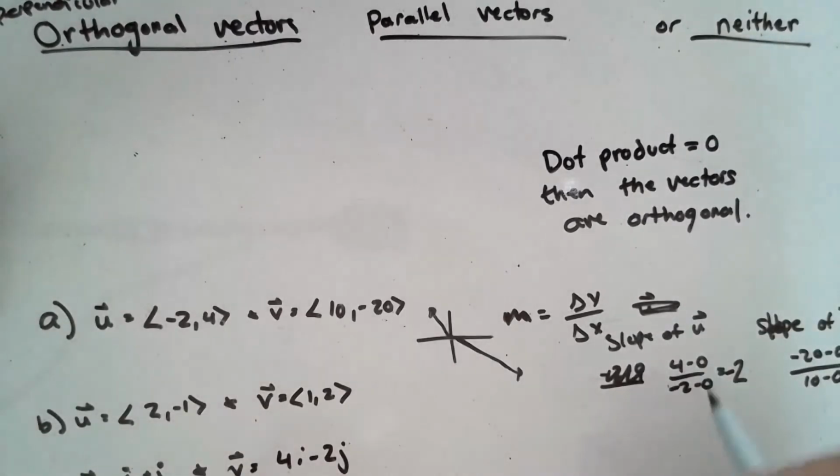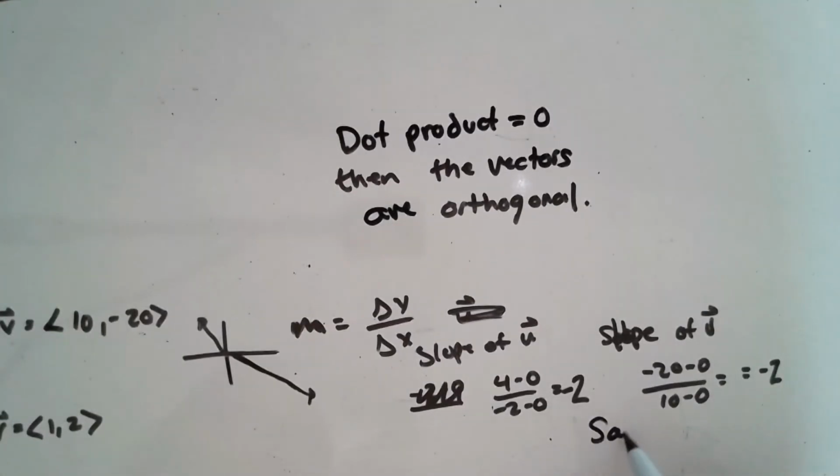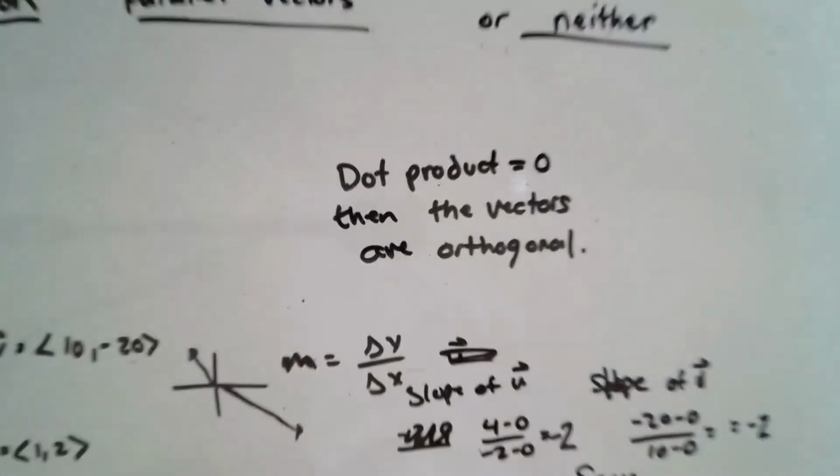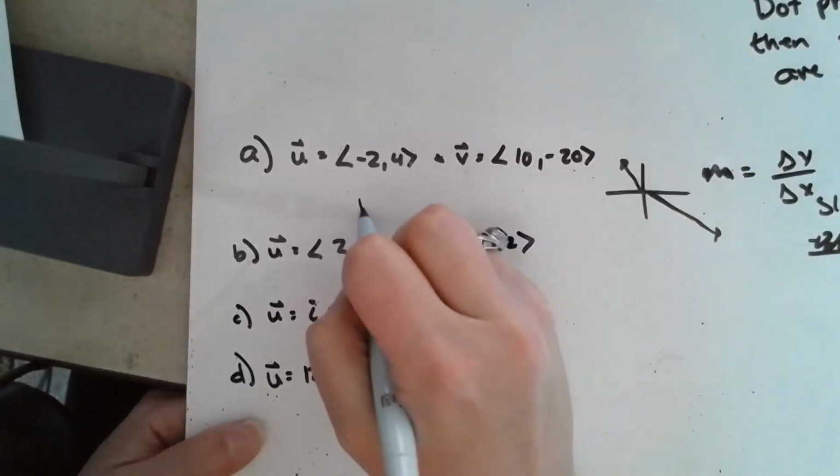Okay? So technically these guys have the same slope. And we know if it's the same slope, it is parallel. So vector A, the two vectors in A, these are parallel.